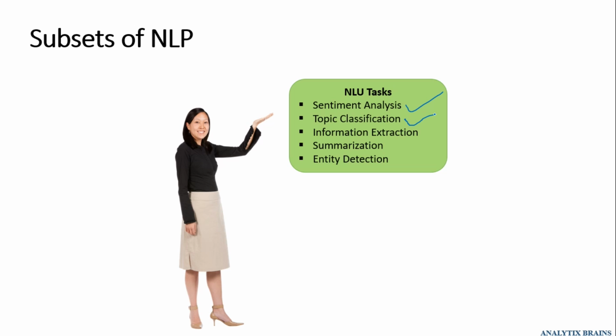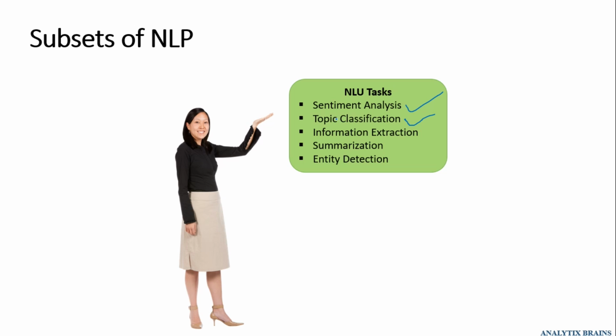Next is topic classification. With topic classification, you have a list of documents or a big text, and you want to understand what the complete document is talking about, or what a group of articles is talking about. So we do topic extraction on those documents using NLU.